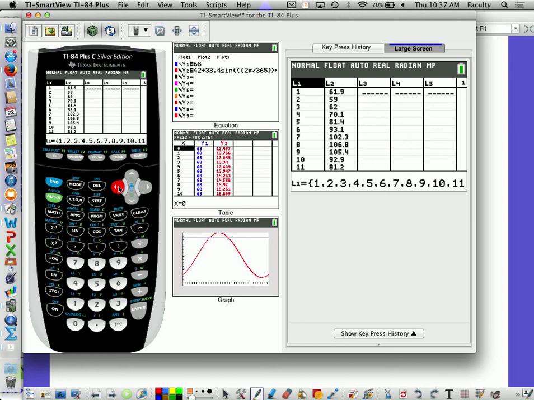But go ahead then, once you clear out your lists, in list 1, we're going to put 1 through 12, and in list 2, you're going to put the kilowatts. Remember we did linear regression, we did quadratic regression, we did exponential regression. Now we're going to look at trigonometric regression, okay?